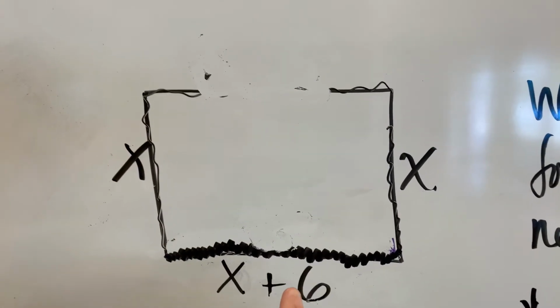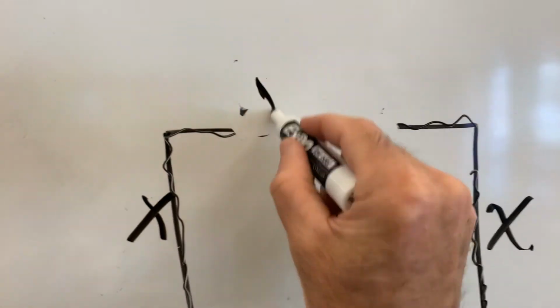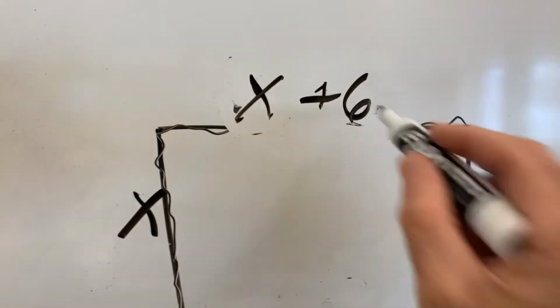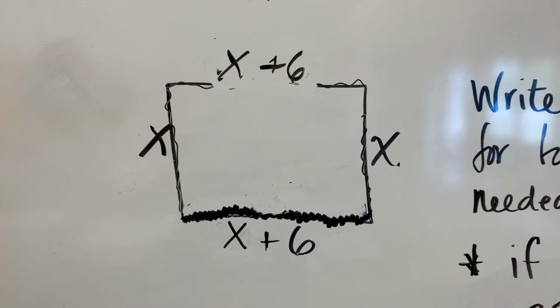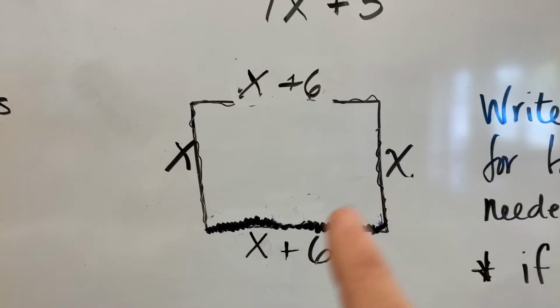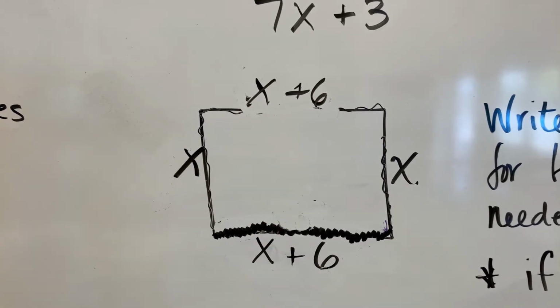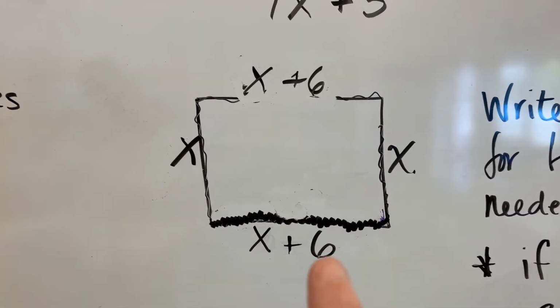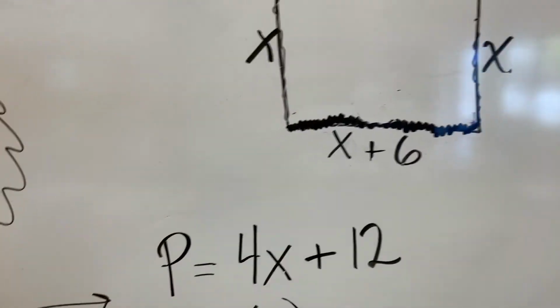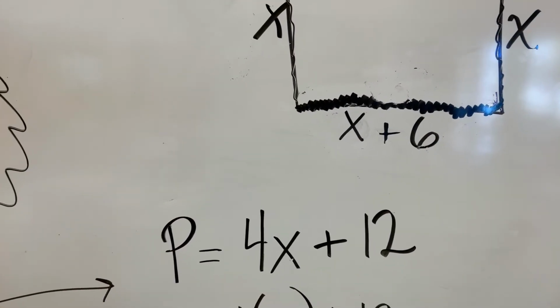And if this longer side is x plus 6, then this is x plus 6. Now add up all the sides, and you would wind up with 1, 2, 3, 4 x's plus 12. 6 plus 6 is 12. So you would wind up with that.